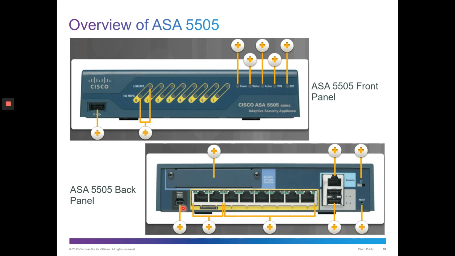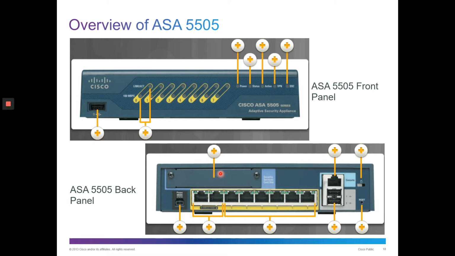Like the routers, you've got the power button and the console. If you want a console connection to your firewall, like your routers, you can do that. Again, you've got the reset button just over here if you want to reset the firewall to the default factory settings, and you've got some modules to add additional functionalities as well.